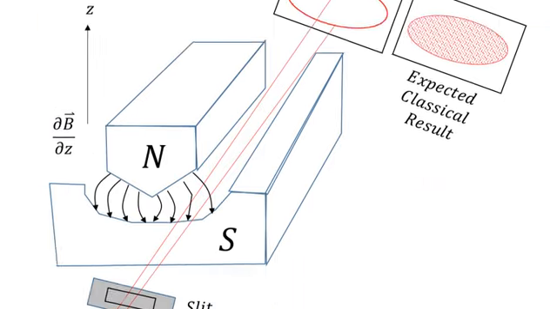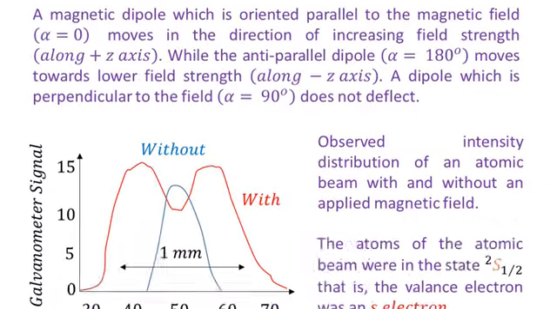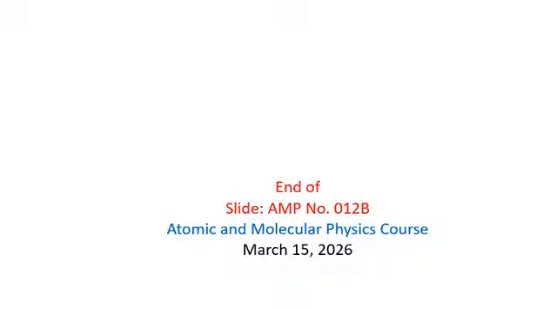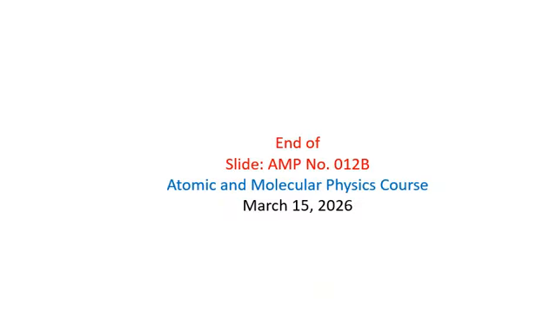But this lecture is continued, and the remaining part will be described in the next slide. So up till now, this is the end of slide number 12B of the course on atomic and molecular physics.